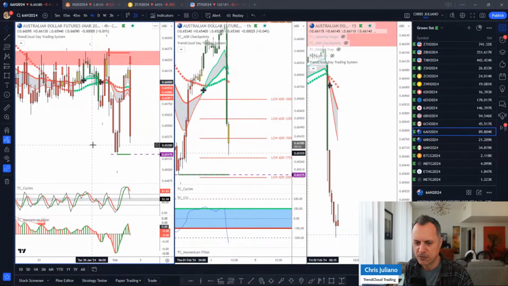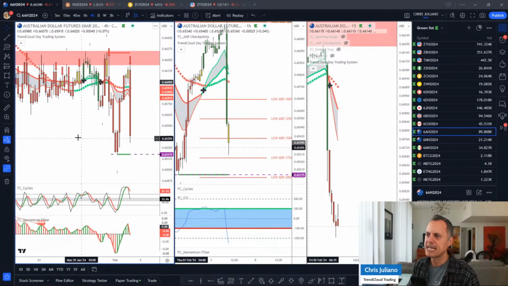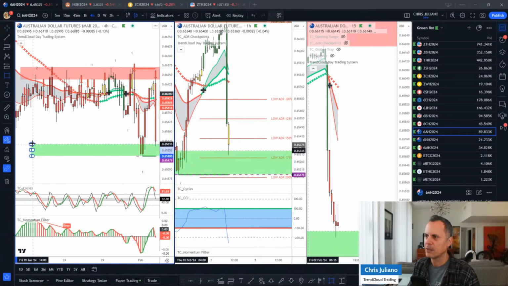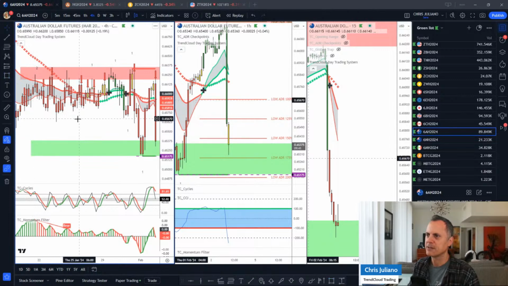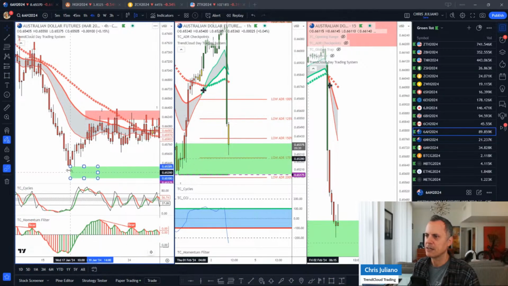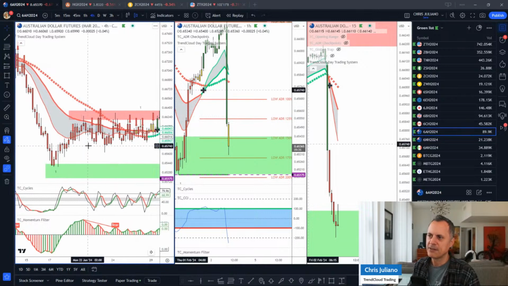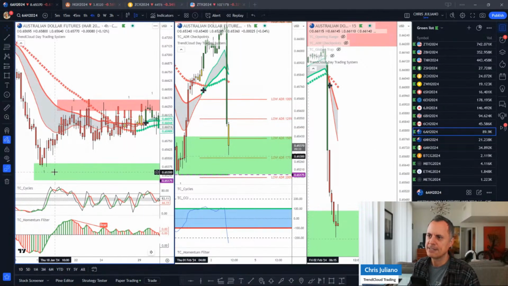Very, very difficult. This is a strategy when you're taking trades in a sideways movement like this. Okay, we're going to take this trade long down here.